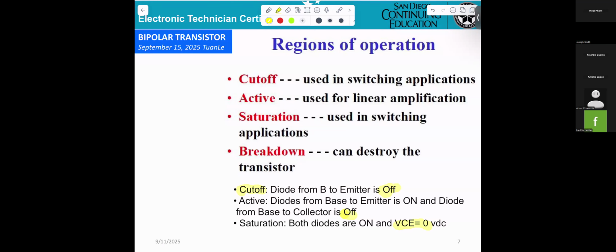So this is the condition. What happens if it is cut off, or active, or saturated? If you want the transistor to amplify, it must be active. For switching on and off, you have to use cutoff or saturation.